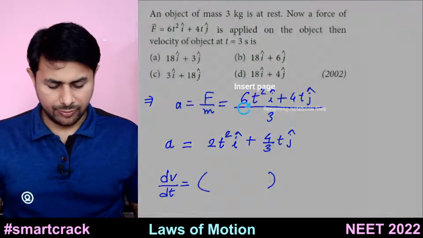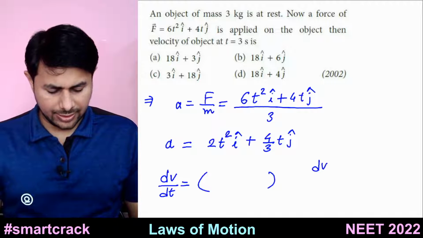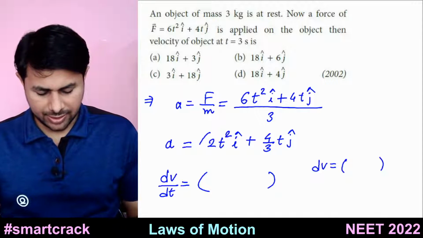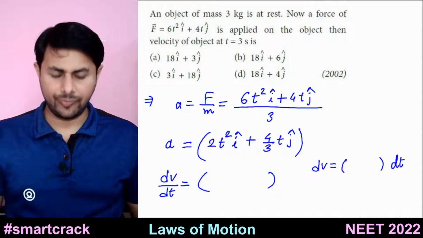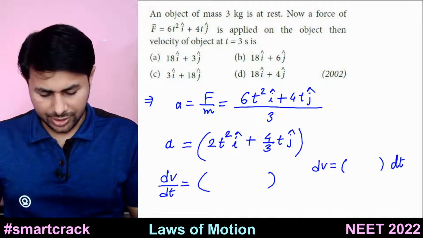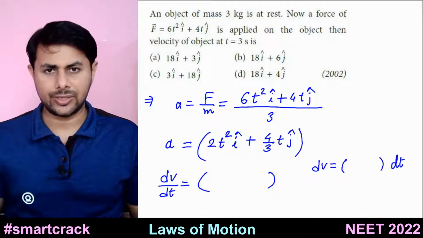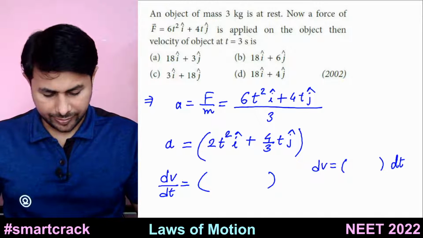Then what will be dv? If we take dt to the other side, dv is this acceleration multiplied by dt. Then we can integrate it from the initial time, which is 0, to the final time, which is 3, to get the change in velocity.